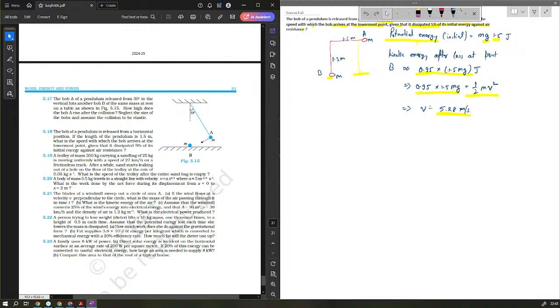So we know the final kinetic energy of the body is equal to 0.95 times the initial potential energy. Since we know the final kinetic energy, we can equate it with half mv square, where v is the final velocity of the bob, and thus we can calculate the final velocity.